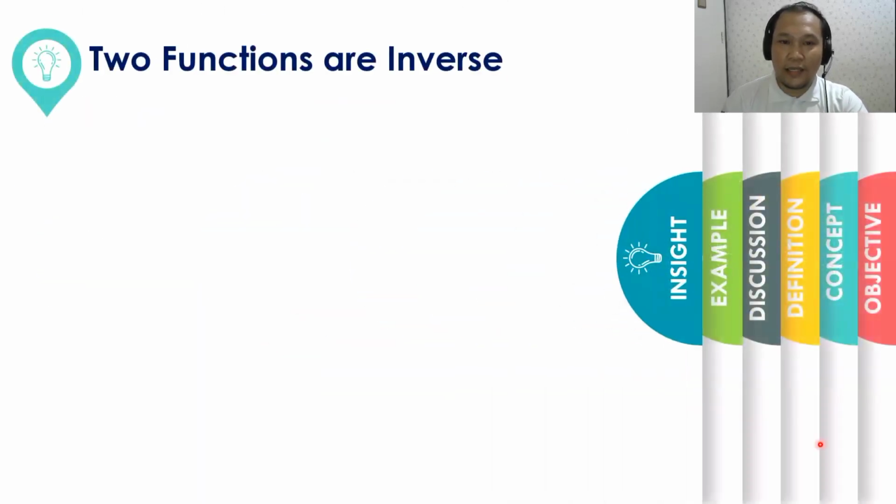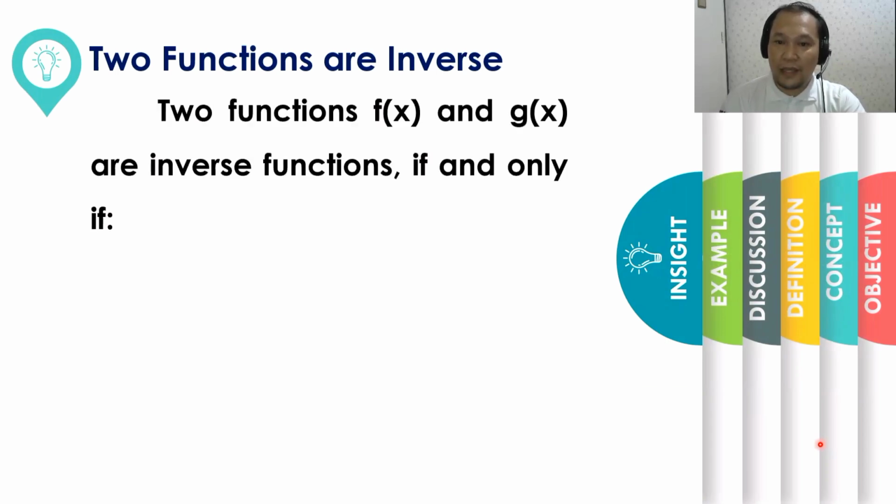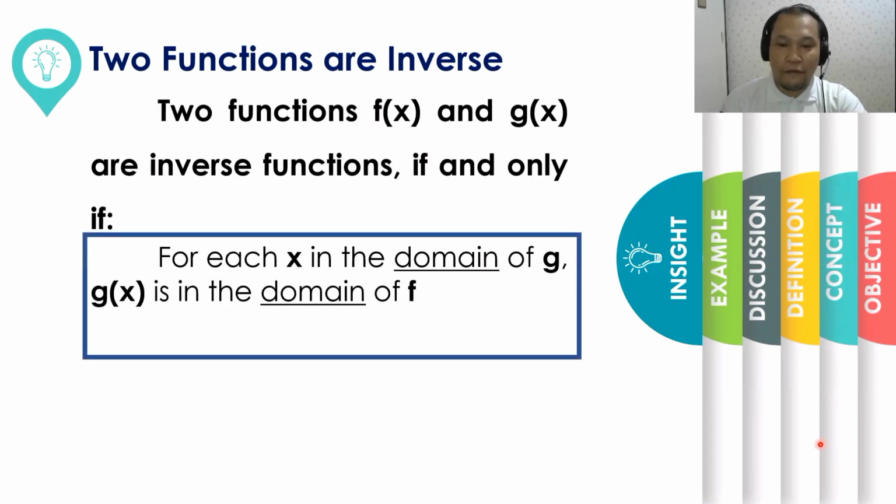Now with this, always remember that two functions are inverses of each other if and only if for each x in the domain of the function g, g of x is in the domain of f, wherein if we are going to perform the composite, which is f composite g, then the result will be equal to x.